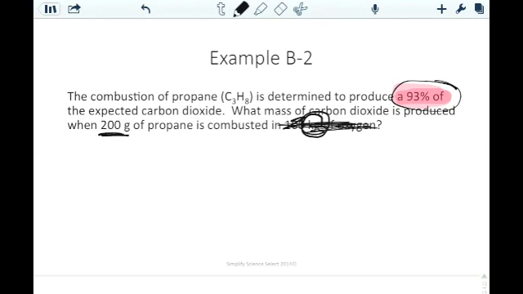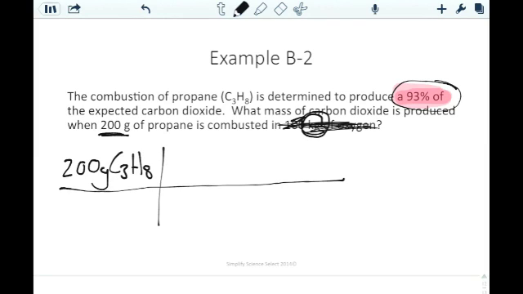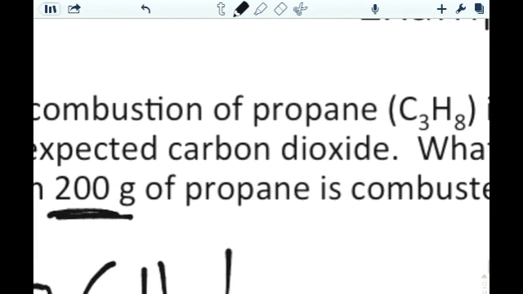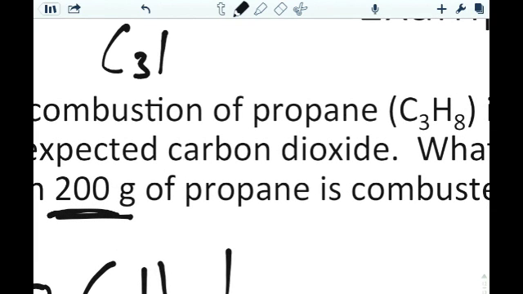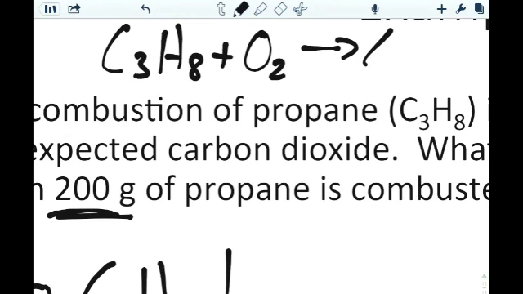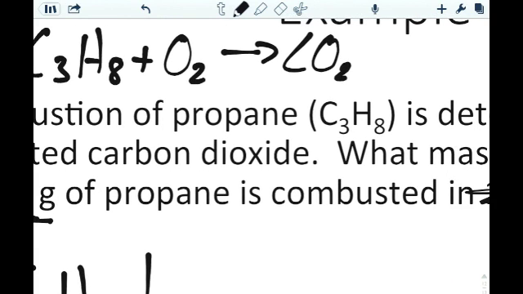So work it out. We have 200 grams of propane, C3H8. One thing that we always have to have, no matter what, is our balanced equation. So we can't forget to do that. We have C3H8 plus O2 produces CO2, because it's a combustion, plus H2O.